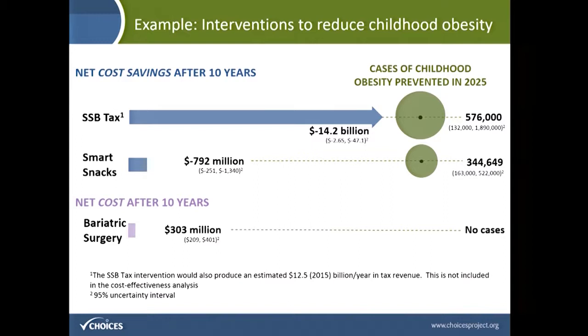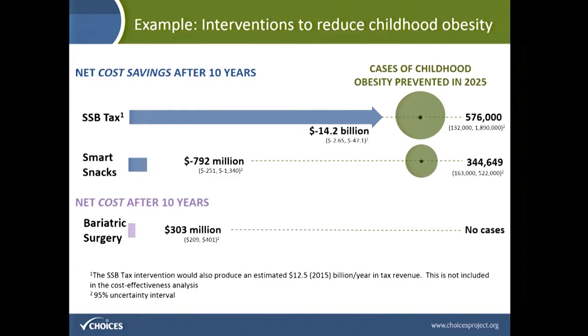It's interesting, as I mentioned, with a sugar-sweetened beverage excise tax nationwide, you get these results. Smart Snacks is actually another cost-saving intervention. It's actually really inexpensive to implement. There's nice evidence from change studies of its likely impact.